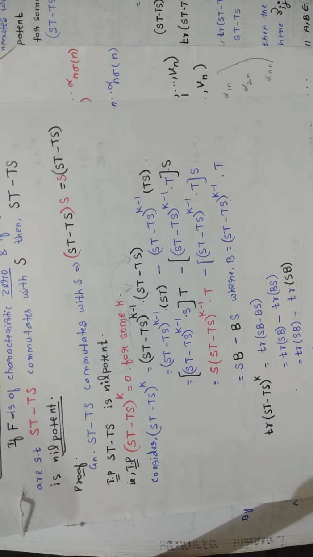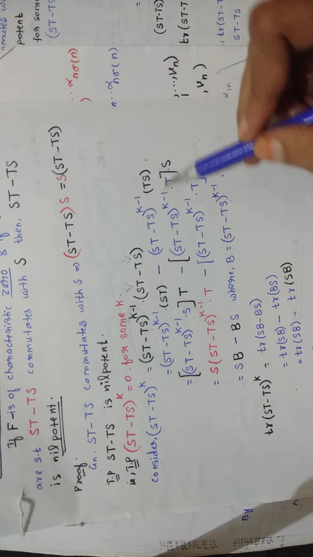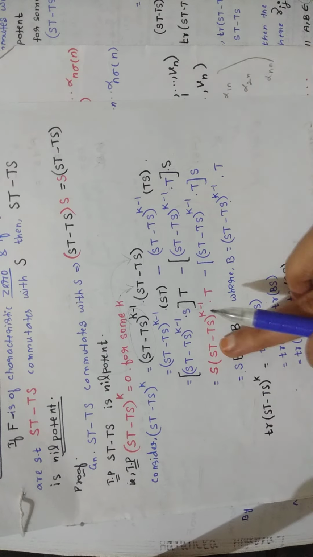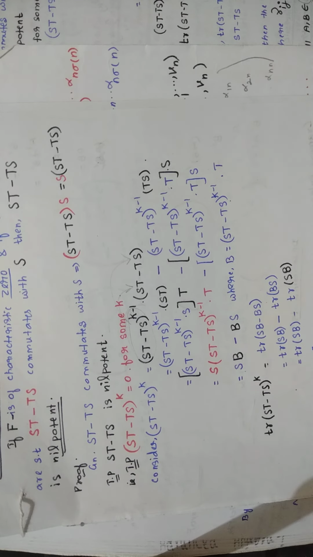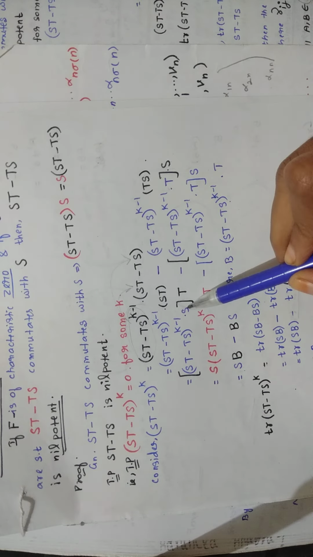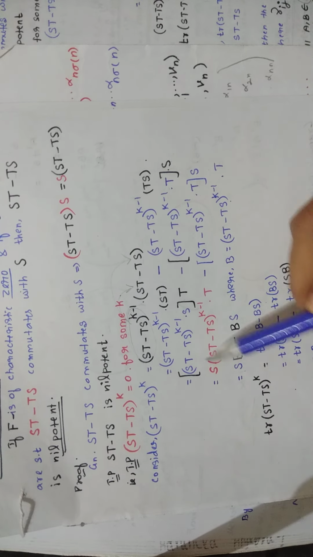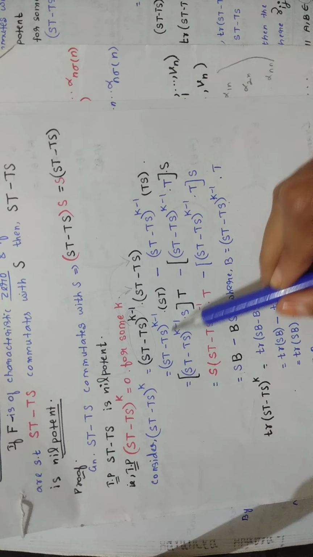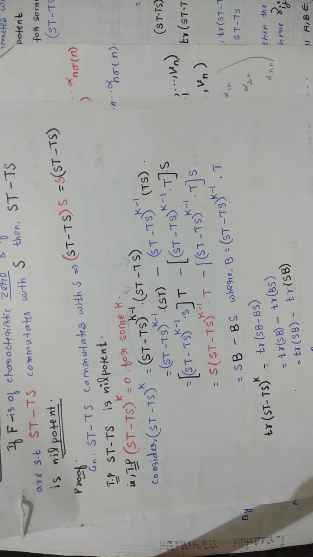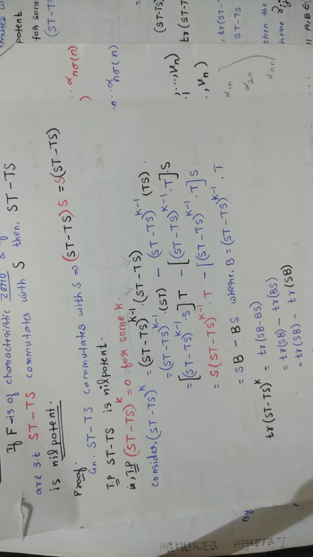Now write this term as it is, but here you are making a little bit of adjustment. You are bringing this s to this side, s into this value into t. You are doing this only to this term.